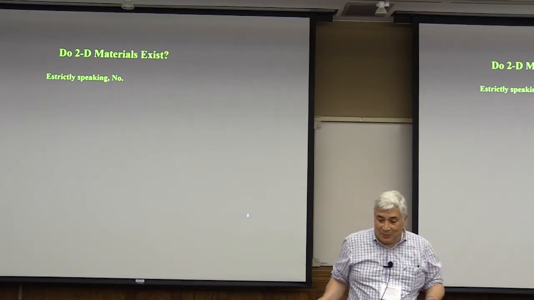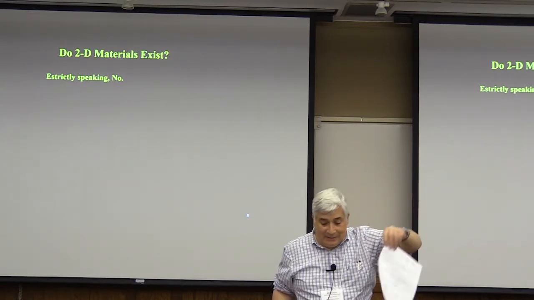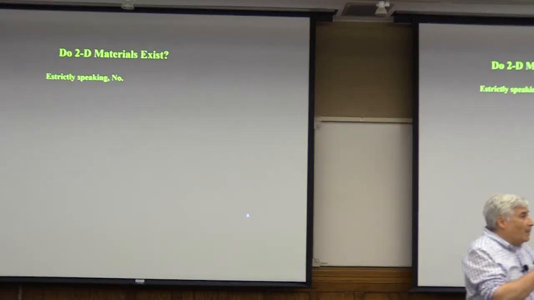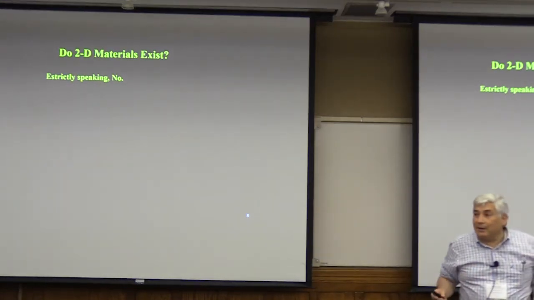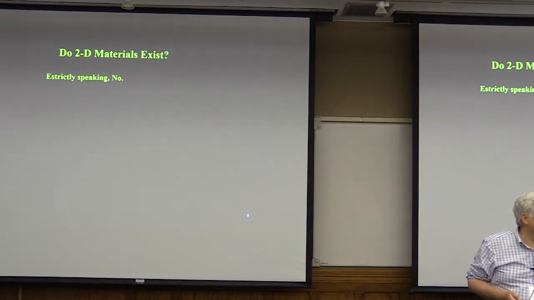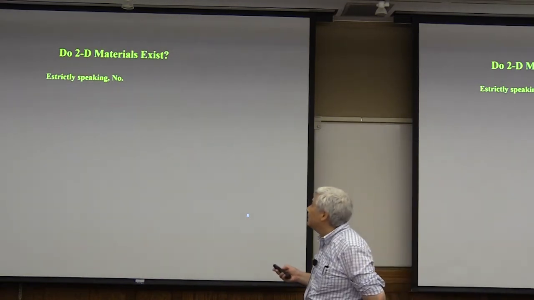Because 2 dimensions is not even this sheet. Why? Because our atoms have a volume and are embedded in a three-dimensional space, right? So, strictly speaking, they do not exist.